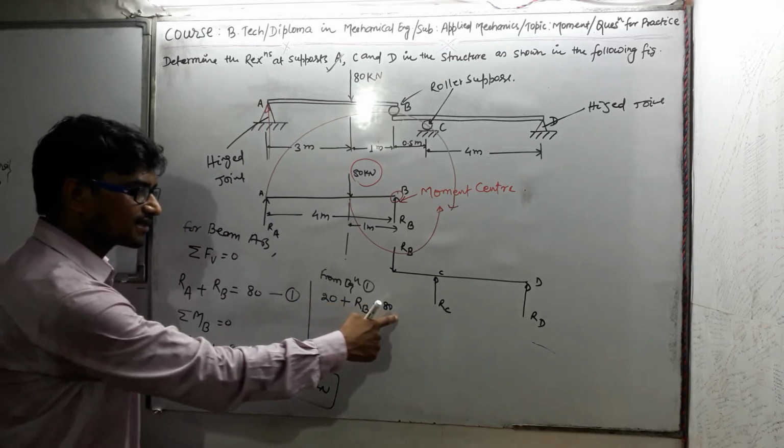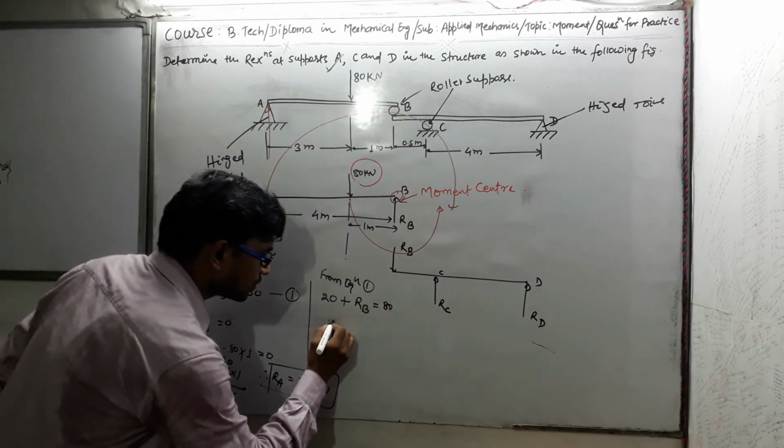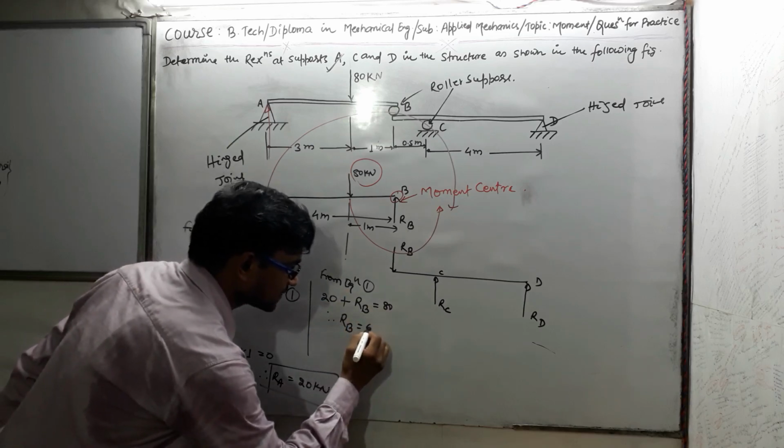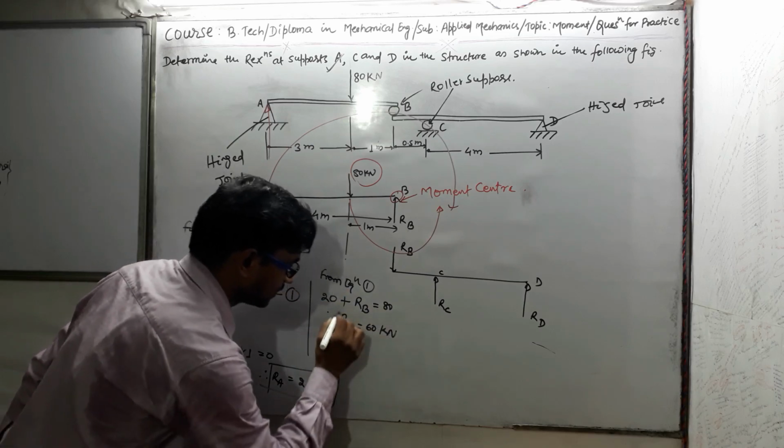Transposing this 20 to the right hand side, it becomes minus. So RB equals 80 minus 20, that is 60 kilonewton.